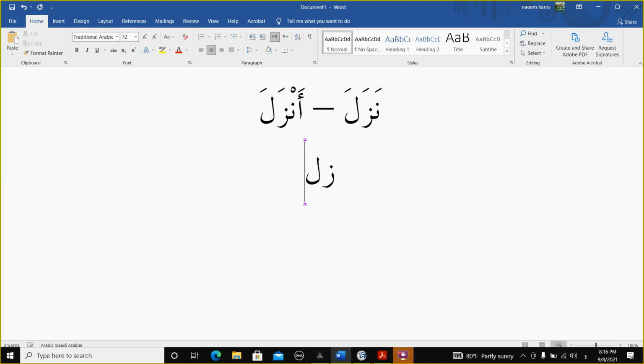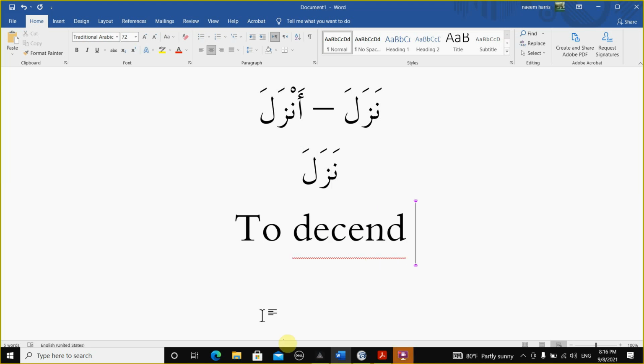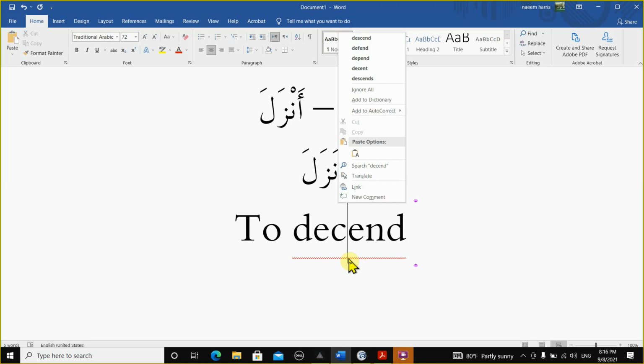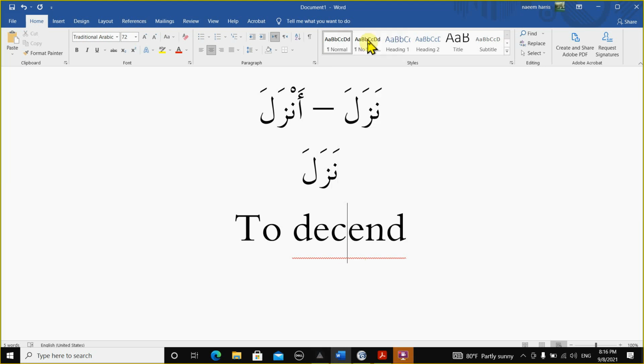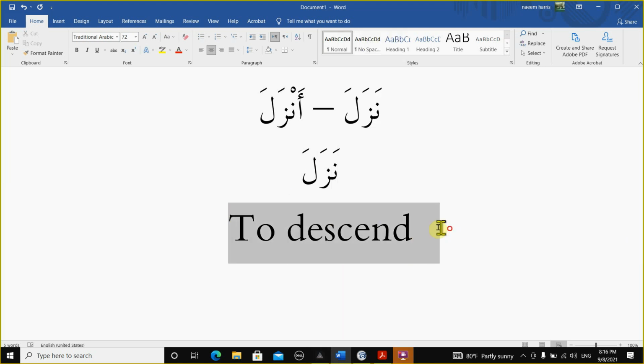This should be a noon. Nazala, to come down, to descend. Anzala, to make something come down, to send down, to descend something. Anzala, should be an alif.